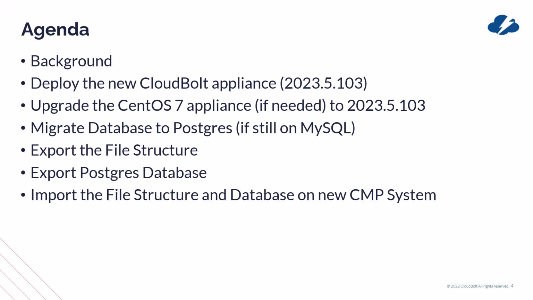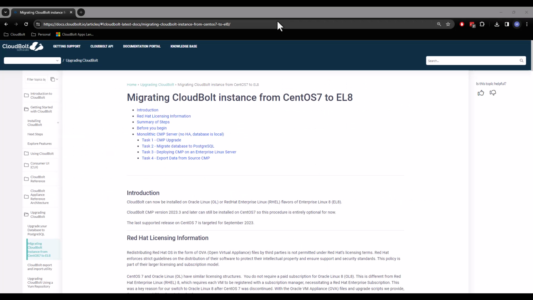You can go through the steps to ensure that your CentOS 7 appliance is also updated to the Postgres database. Then we're going to go through, export the file structure, then we'll export the Postgres database, and then we'll head over to our new appliance, actually go through setting that up. I've done absolutely nothing with the appliance at this point. We're going to import the file structure and database on the new CMP system. So that's what we'll be covering as we go through this video.